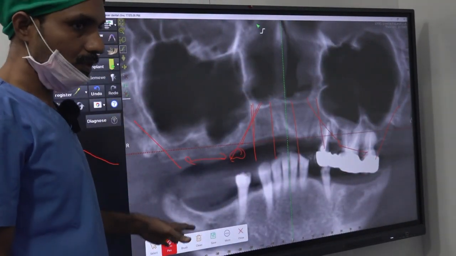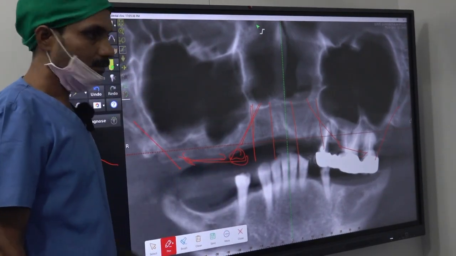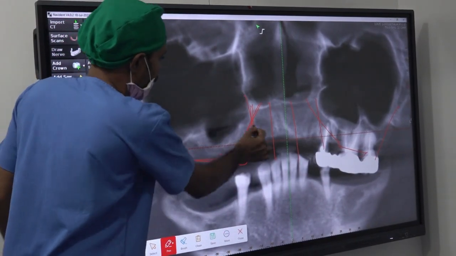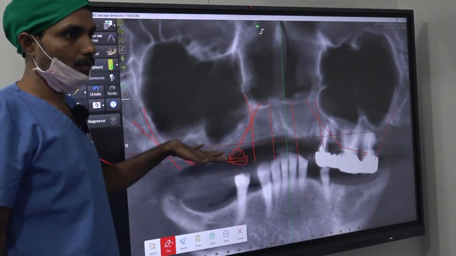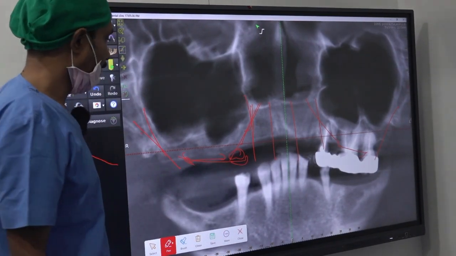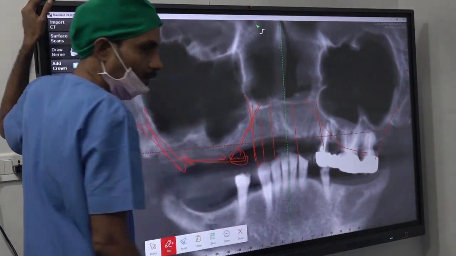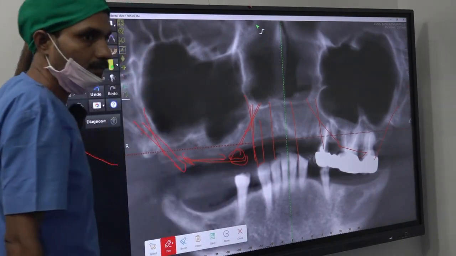In this kind of challenging situation, the problem is mainly that the inter-implant distance is more, because the sinus is expanded till here, and until here we can place only an implant here and an implant here. The greater the inter-implant distance, the more the risk of failure. If you place single piece implants and do welding, the risk of failure is more.